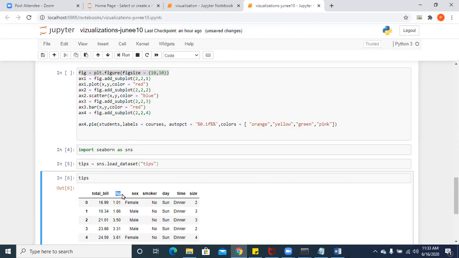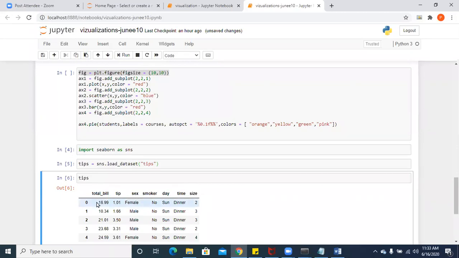Sex is whether the customer is female or male, whether he smokes or not, which day he came, such as Sunday, what the time is, whether lunch or dinner, and the size of the party that came to the restaurant.